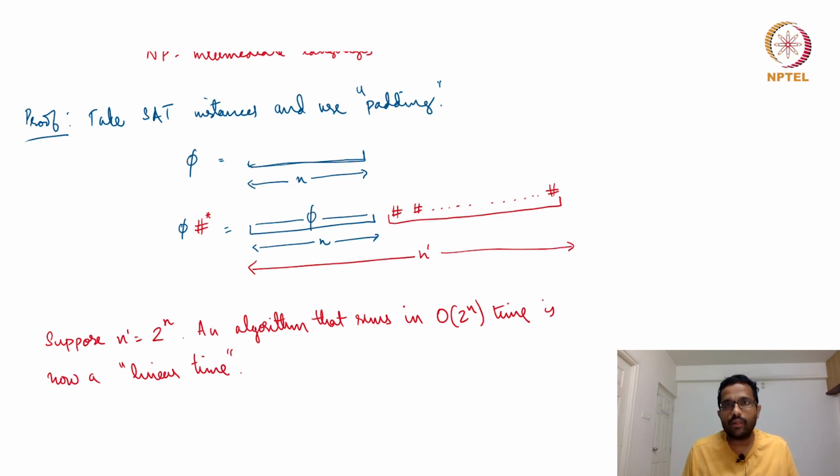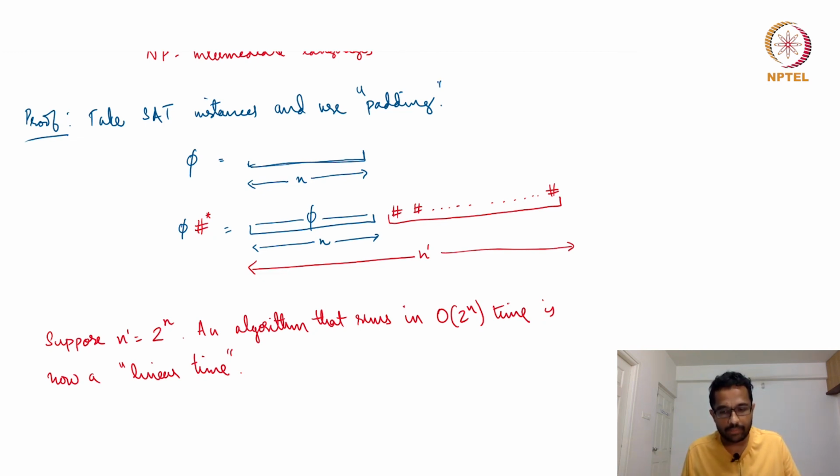So this is what padding is. Padding is about artificially increasing the length of the input, so that when measured as a function of the input length, the problem now becomes easier.